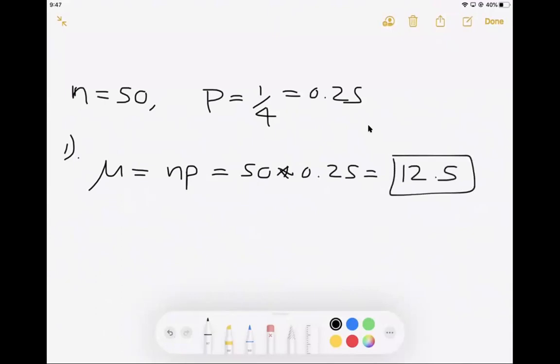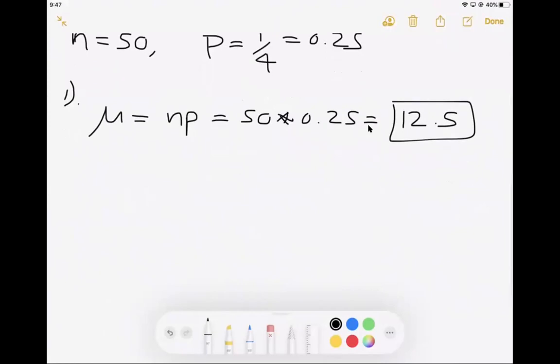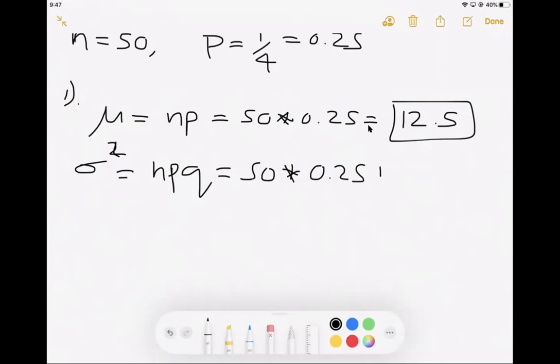So the mean is 12.5. Then what is the variance? It's npq. So n is 50, p is 0.25, q is 0.75.